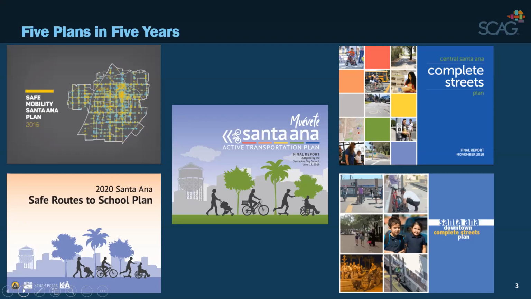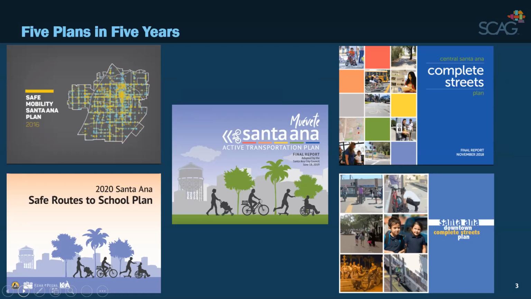A Safe Routes to School plan that was adopted right after I left in 2020. The Active Transportation Plan was adopted in 2019. And then we did 2 Complete Streets plans. And these are what we kind of considered small neighborhood focused, like mini active transportation plans.